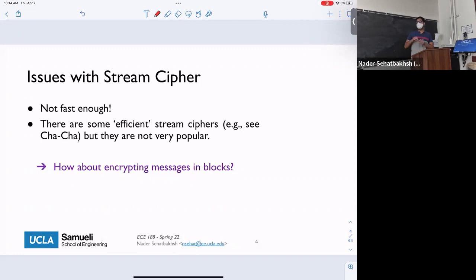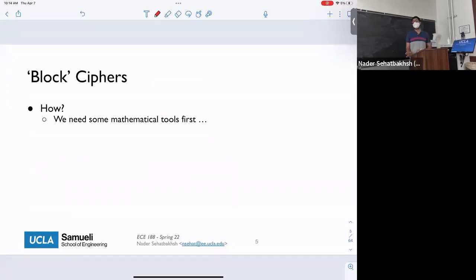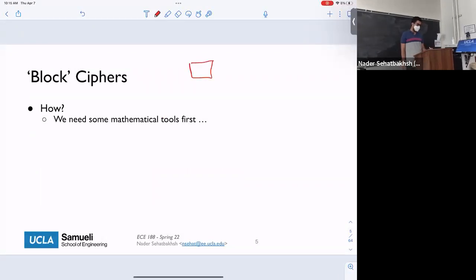of using a stream cipher, like expanding the key and then XORing it with the message, is not the fastest option that you can have. Instead, you can have this idea of what's called block ciphers, which basically says that we look at the message and divide it into blocks, usually 256 bits or 512 bits and so on.